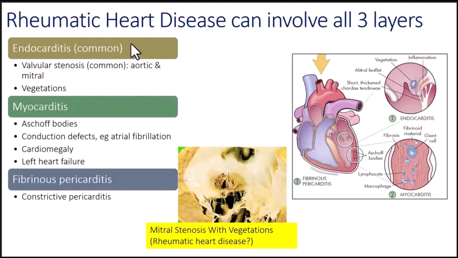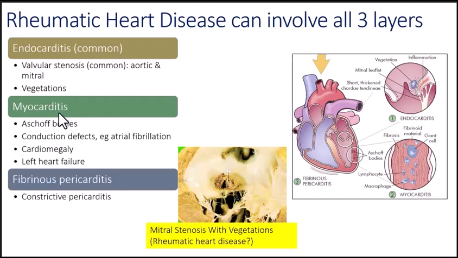Now, if inflammation starts to move more externally and ends up impacting or penetrating the myocardium, the muscle, then localized fibrin deposits can develop that are surrounded by an area of necrosis. I'll say that again so you don't have to rewind it. If inflammation penetrates the myocardium, then localized fibrin deposits can develop that are surrounded by areas of necrosis.